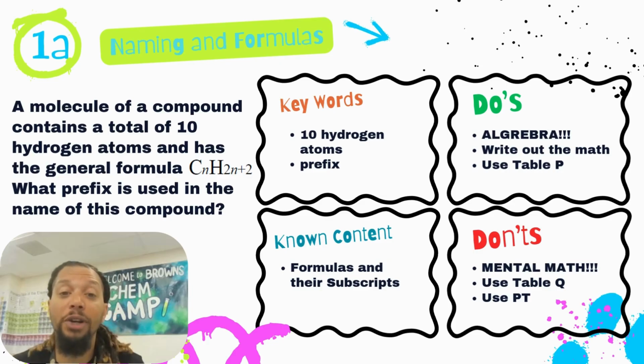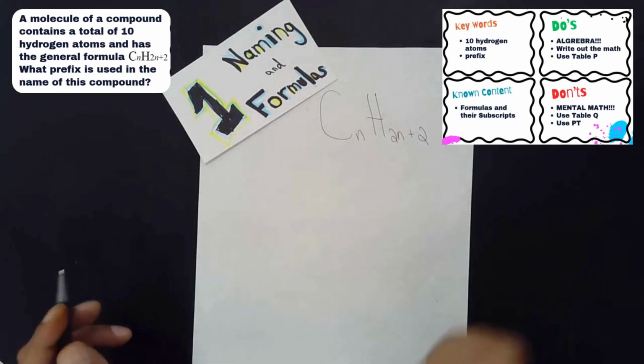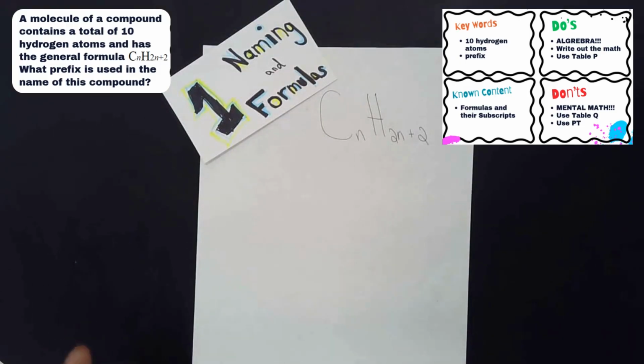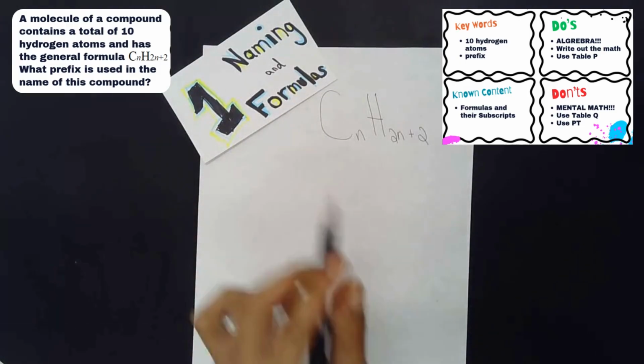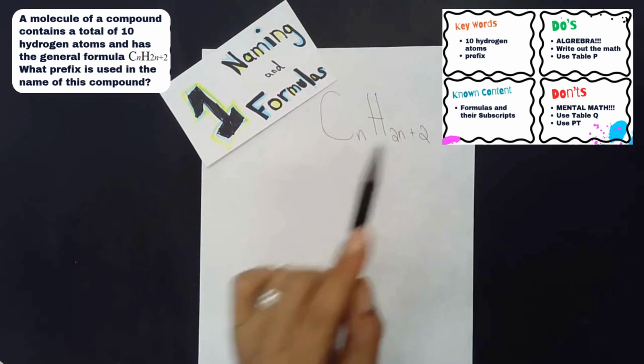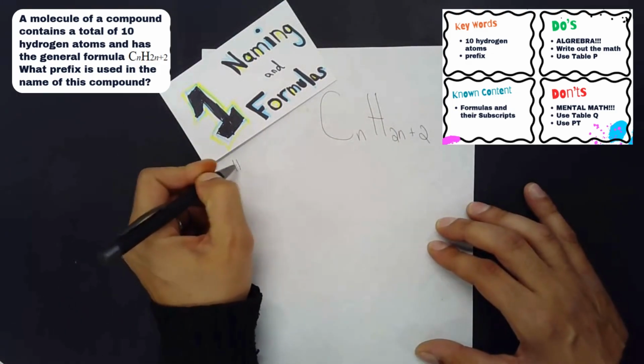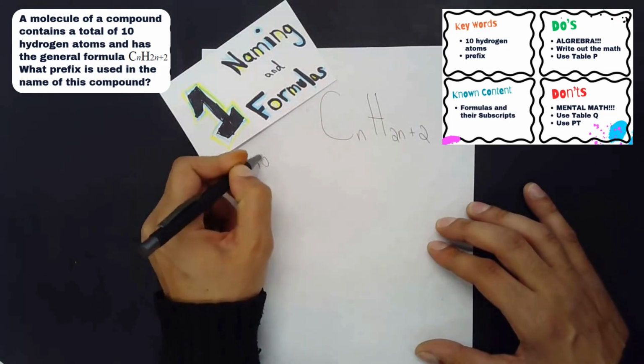But what are we going to do? We are going to do algebra, right? They gave us a general formula. Okay, so let's work it out. We have our formula written here. It is CnH2n+2. From the keywords, we have 10 hydrogen atoms, so let's say hydrogen is equal to 10.